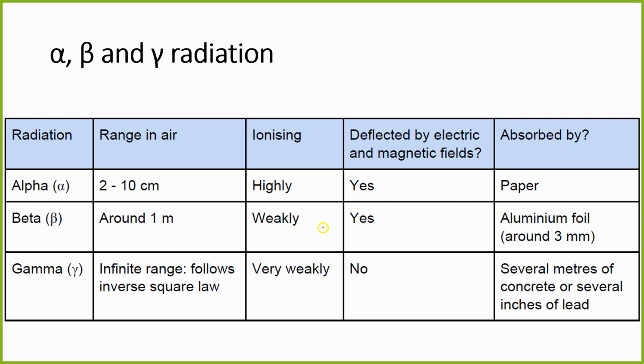and all of that. In terms of the deflection, yes, it can be deflected in an electric and magnetic field. As it pertains to absorbed by, which is essentially talking about what can stop it, aluminum foil about 3 millimeters thick is able to stop a beta particle, providing that it is in the range.